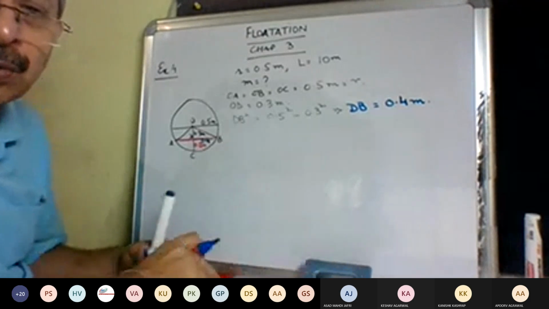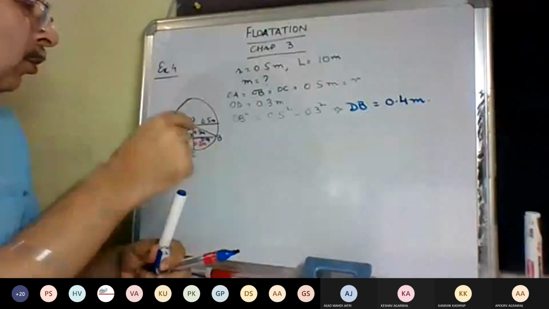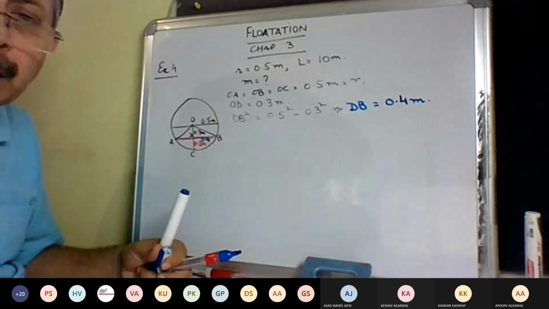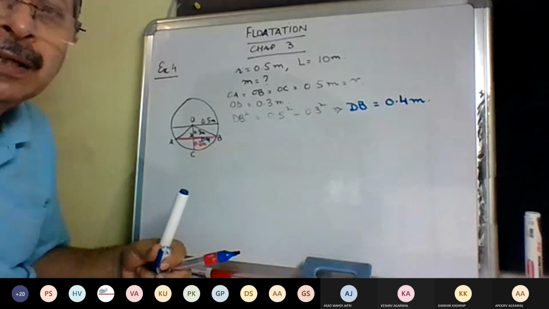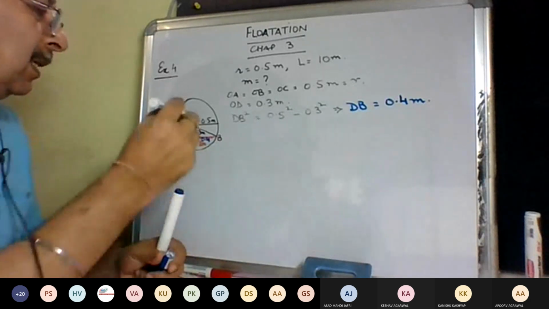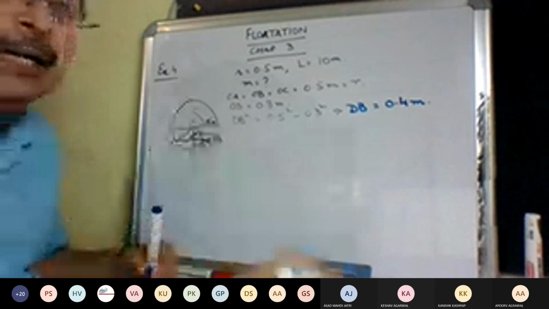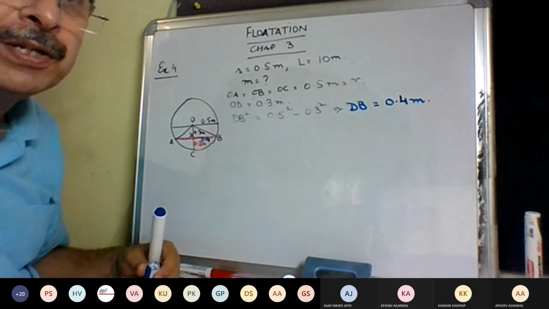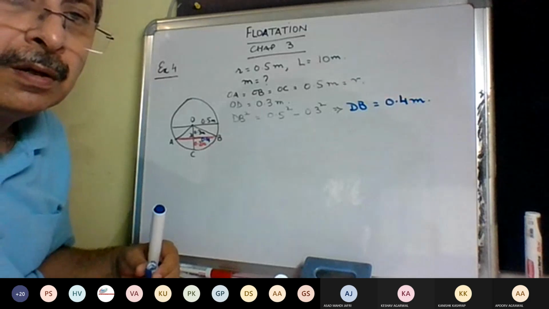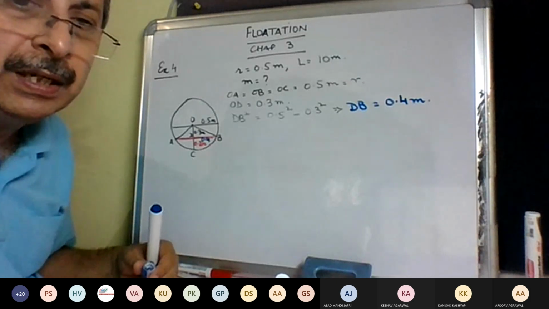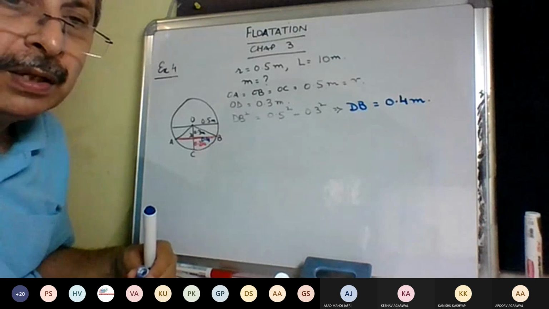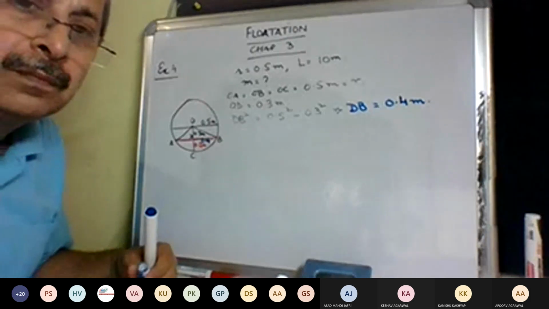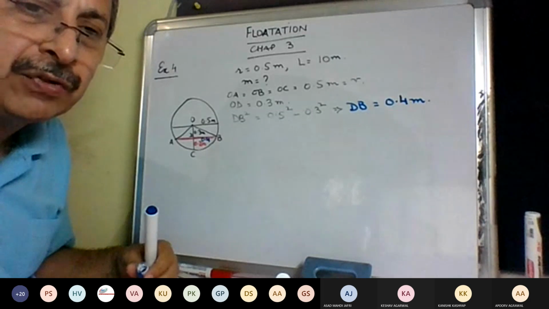So now I am looking at BOD. Okay. Now I'm looking at BOD. And basically I'm interested in angle BOD. My idea, what I want to do is basically I want to find out the area of the triangle AOB.